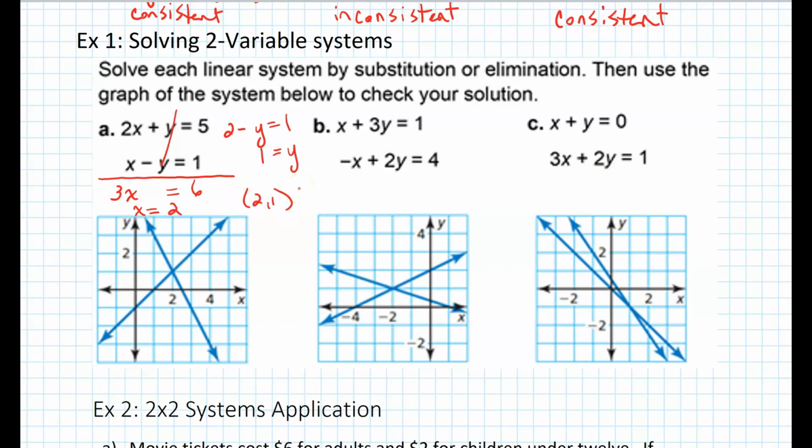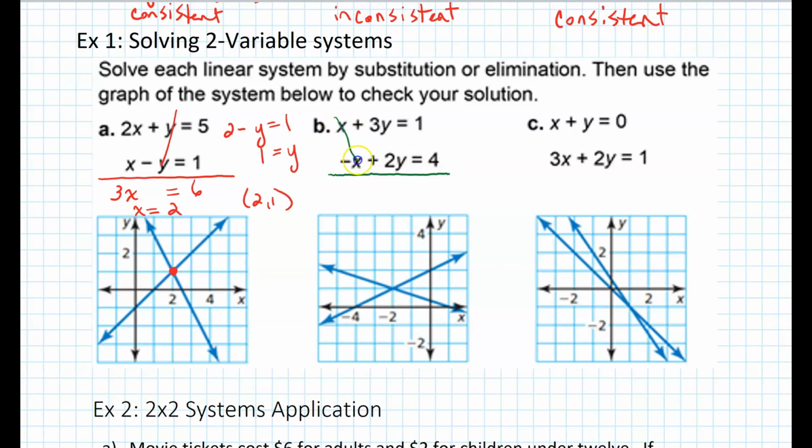It's graphed for us. Does that match our graph? Yes. That's that point right there. Okay. All right. How about in the second one? Do you see something we could easily eliminate? The y's.